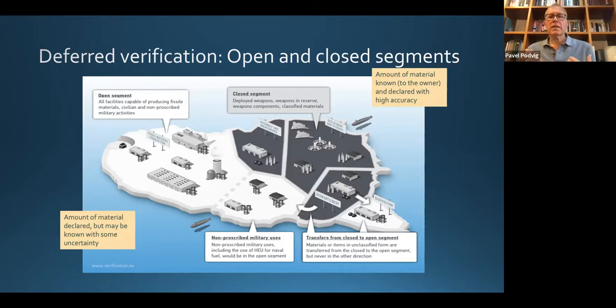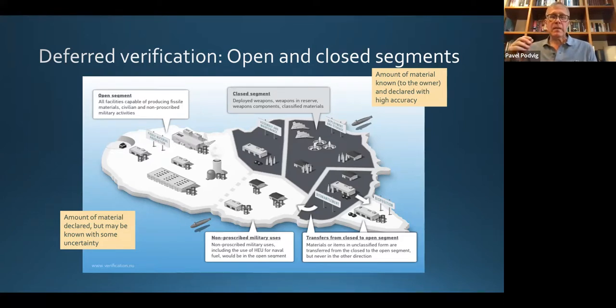Then you say that some of that material is in what I call a closed segment. The closed segment is everything that includes weapons, your weapon-origin material, weapon-related material, anything that you cannot and don't want to show to any inspector. So you declare the total and the amount of material in weapon activities in the closed segment.